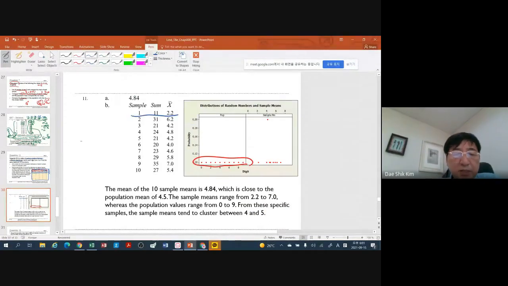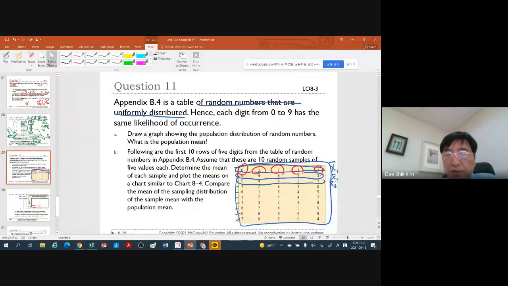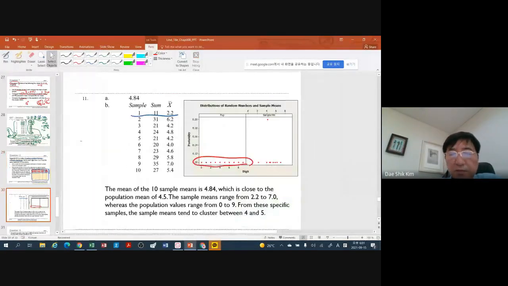Second one: 9, 4, 8, 7, 3. The sum is 31. 31 divided by 5 is 6.2.